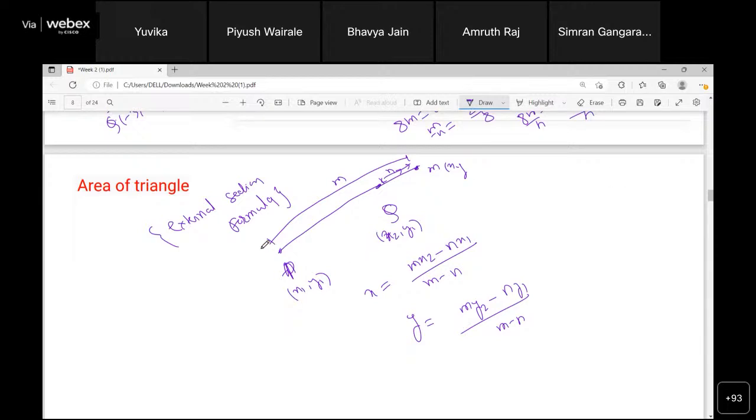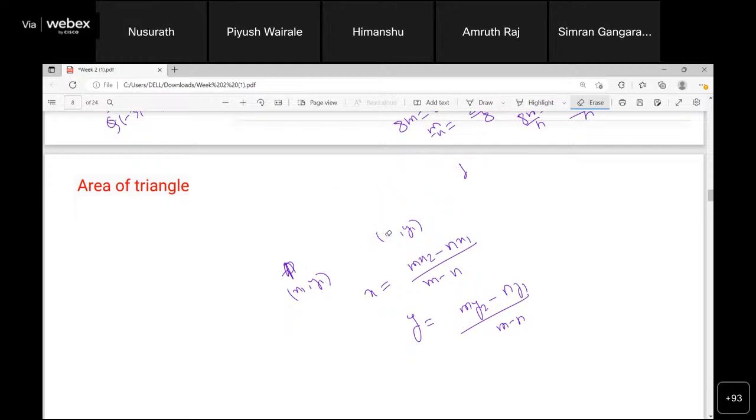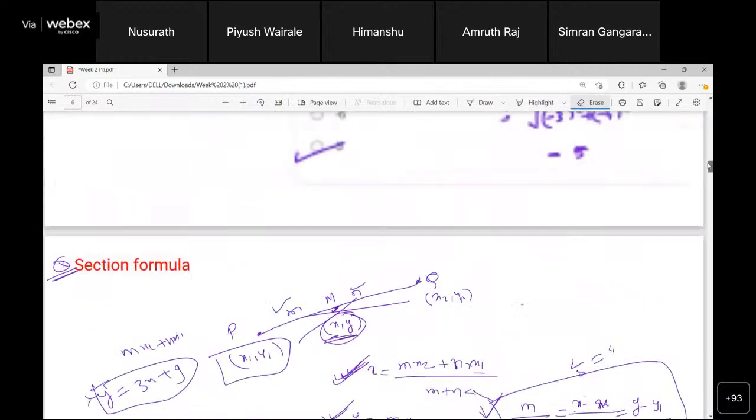Yuvika, you are asking about this thing, right? External division. Yes, sir. Okay. Sir, is 12 the answer for the first question? I mean, is it we cannot determine or 12? No, it's 12. We are given the fixed ratio 1:3, right?